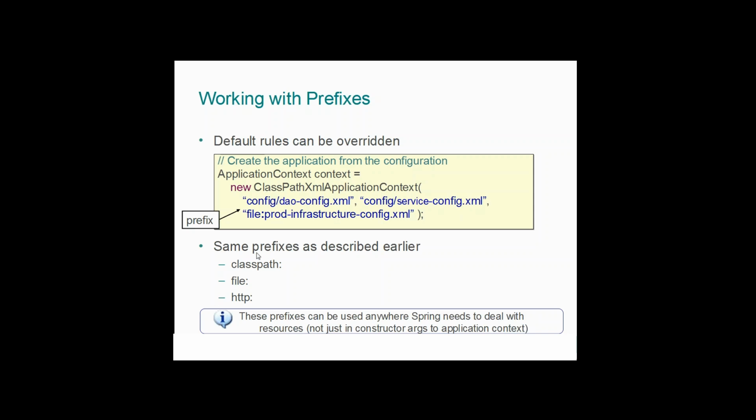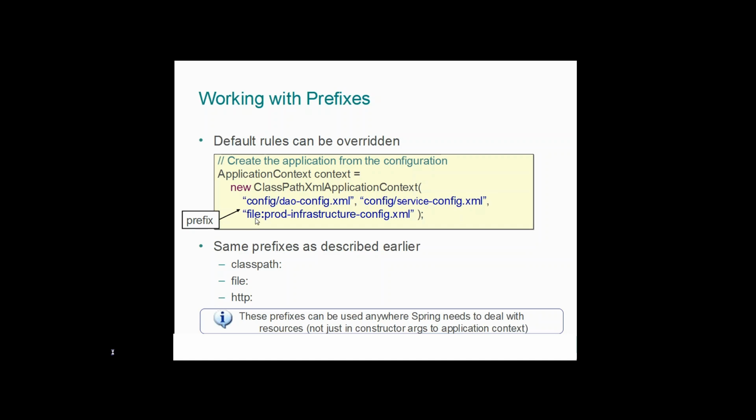Okay, so the same as class path, the file and HTTP prefixes are available based on which implementation you use. In this case, with ClassPathXmlApplicationContext, the default path will be the class path. So for class path XML files, you don't need to prefix. Other than the class path, you need to prefix to load from elsewhere.